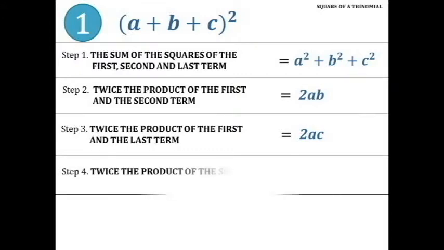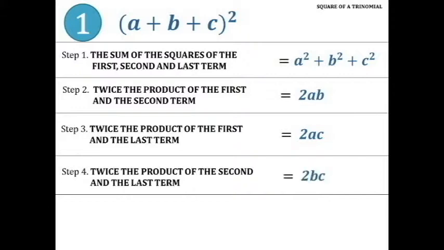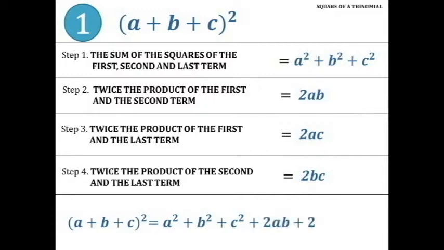The last step is to get twice the product of the second and the last term. So we get 2bc. And finally, a plus b plus c quantity squared is equal to a squared plus b squared plus c squared plus 2ab plus 2ac plus 2bc.